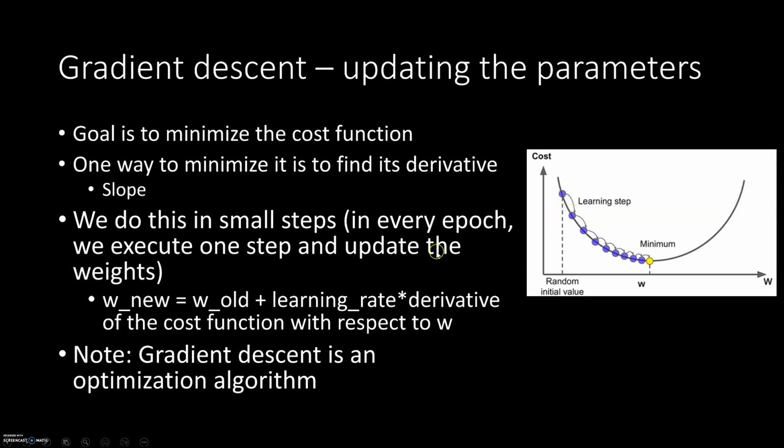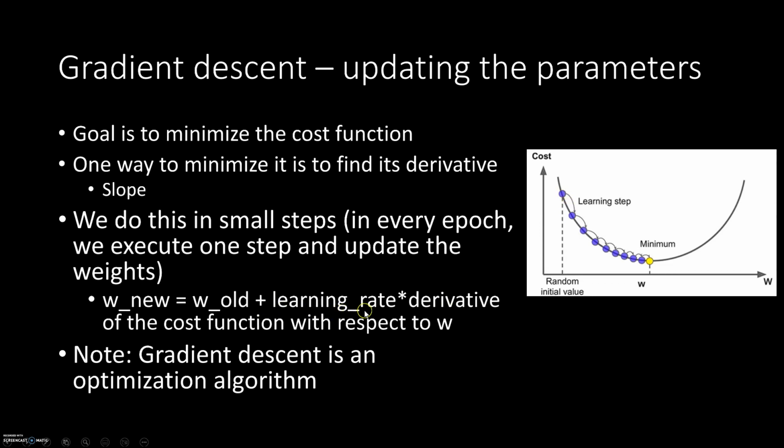Then, whenever we take each gradient descent step, we update the model parameters. And the way we do that is using this equation. We have the old set of parameters. If we start from the beginning, we have this random set of parameters. Then we add to it the learning rate times the derivative of the cost function with respect to w. We already know the derivative of the cost function. It's just the slope of this.